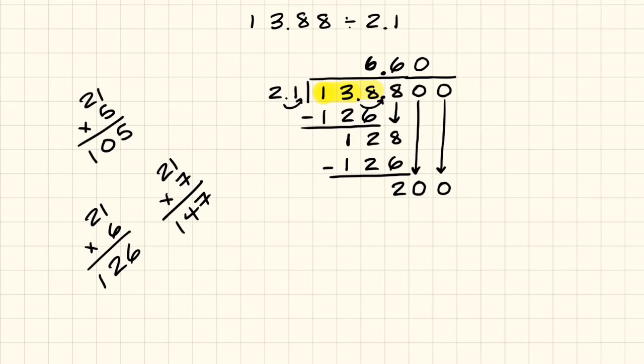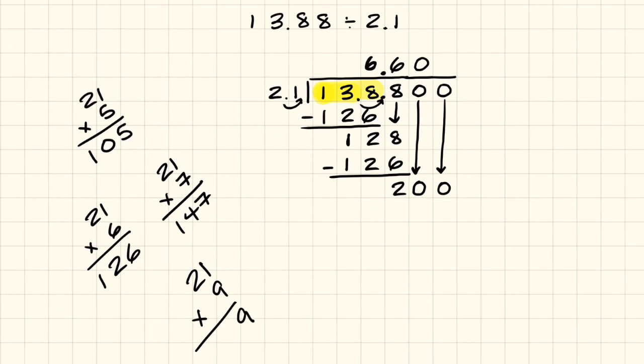So at this point, I may need to increase my numbers, because the greatest number I have is a 7 over here in my facts, and that is not quite close enough. So I know that 21 times 10 is 210, so I'm pretty safe feeling that 21 times 9 is going to be my number.